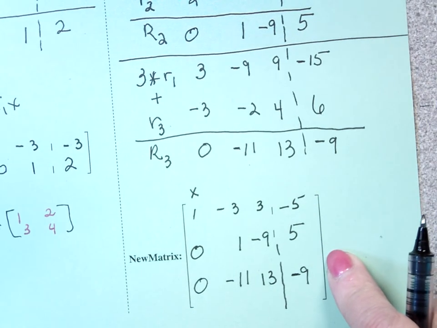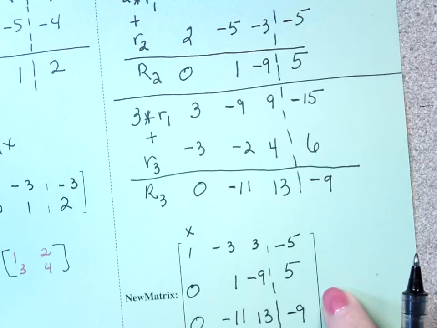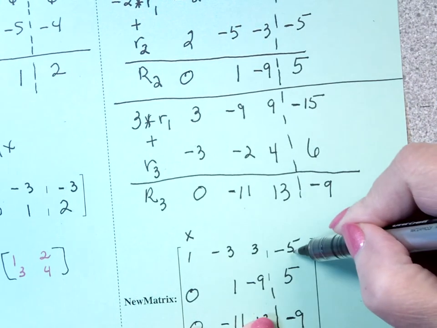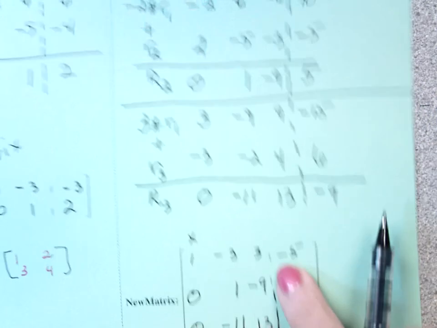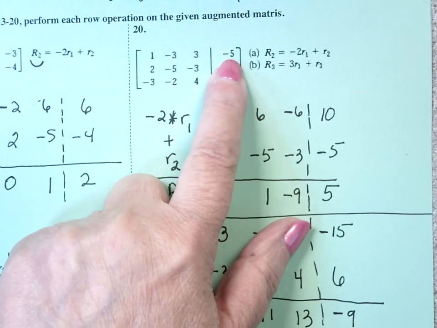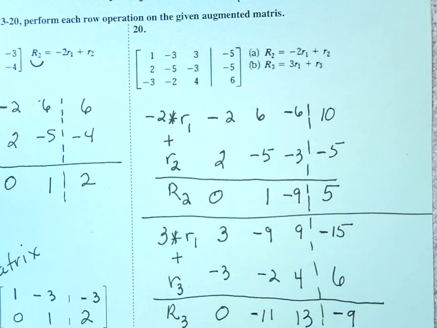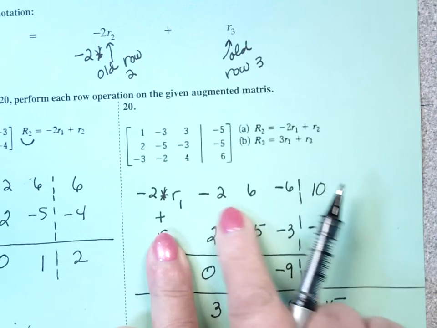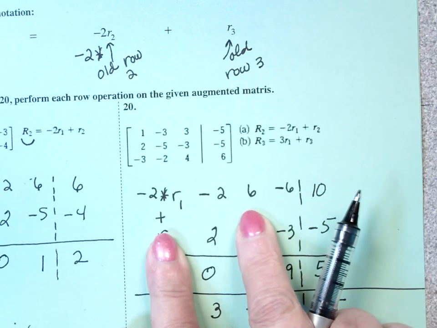Yes? Wouldn't the 5 on the first row be positive? No, it's negative. But did you change it? Let's see, I multiplied by negative 2.